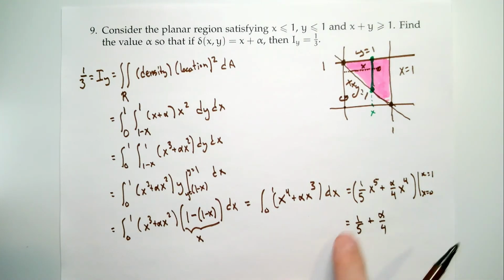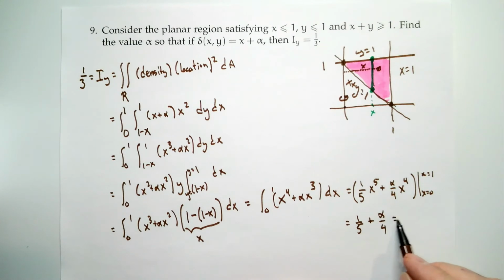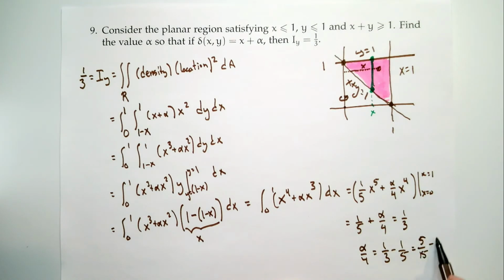And remember, if you follow this back all the way, that equals 1/3. So, we're almost there. Alpha over 4 would be 1/3 minus 1/5. Common denominator would be 15. So that's 5/15 minus 3/15, also known as 2/15.